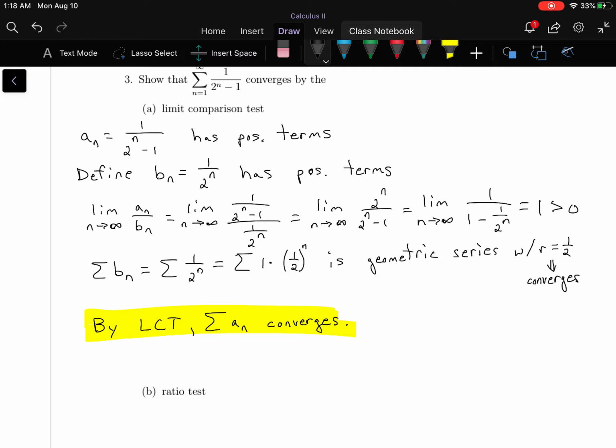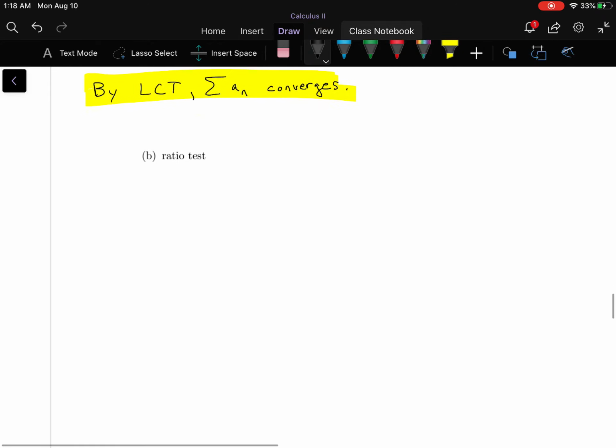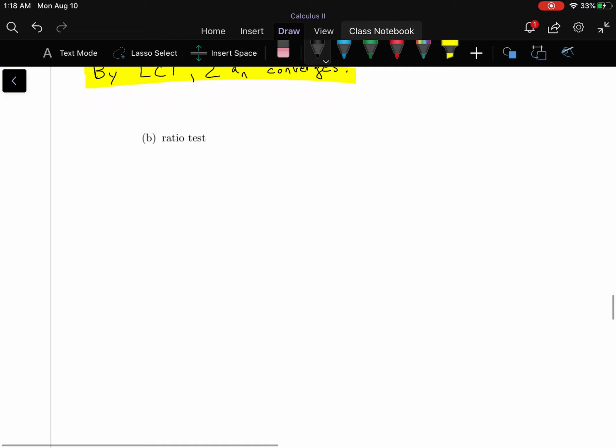Part B gives us a second opportunity to become familiar with the ratio test. So let's go ahead and do that. Remember, the ratio test wants a_(n+1) over a_n.